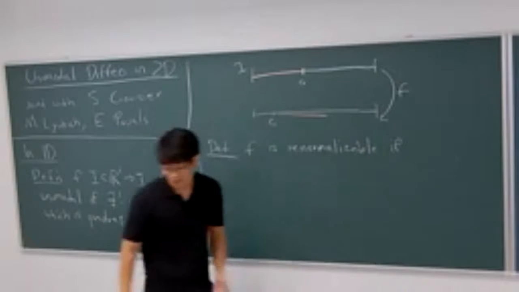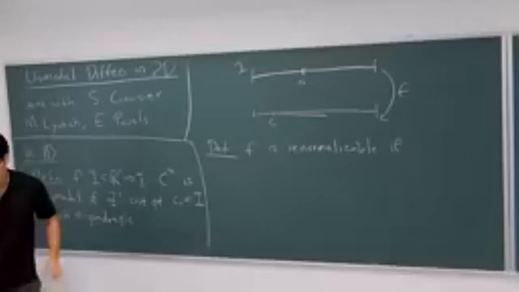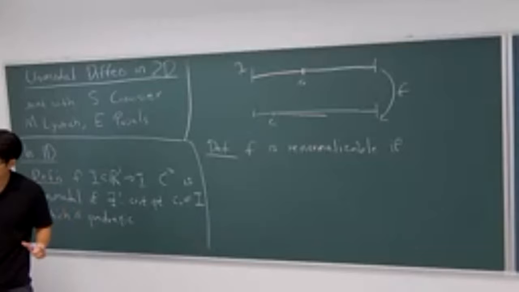There are different ways to define it, but let me define it as: F is renormalizable if there exists a periodic subinterval J. You need self-similarity at a smaller scale.